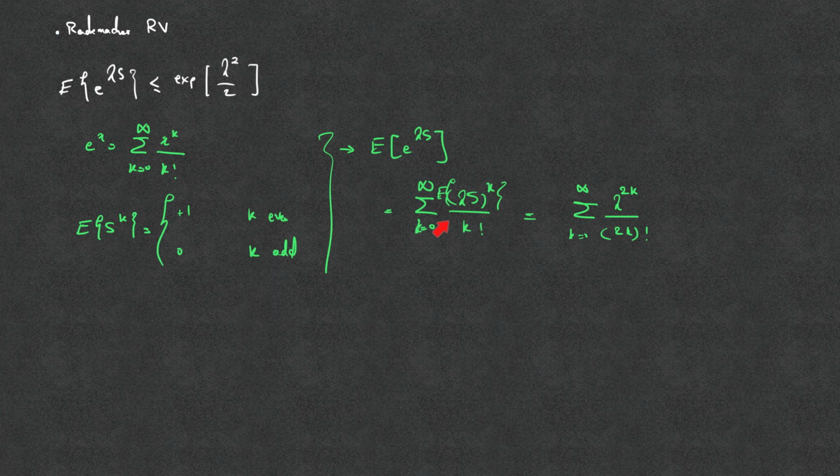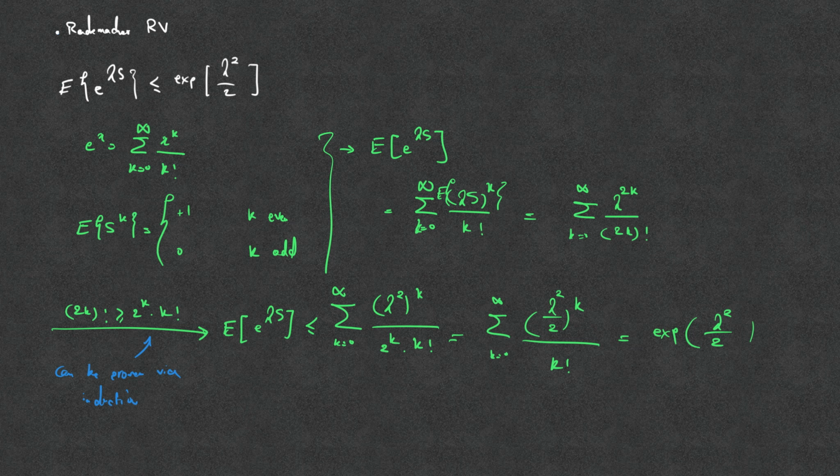So you have k factorial here, but because the exponent is lambda times s, you have lambda times s to the power of k. Now, you know that it's only non-zero where the value of k is even. Therefore, you basically limit yourself to the even values by change of variables to 2k, and then you have this term.